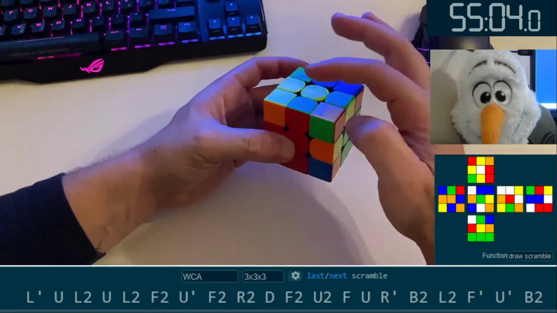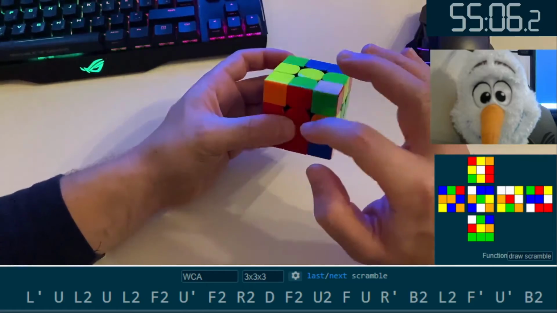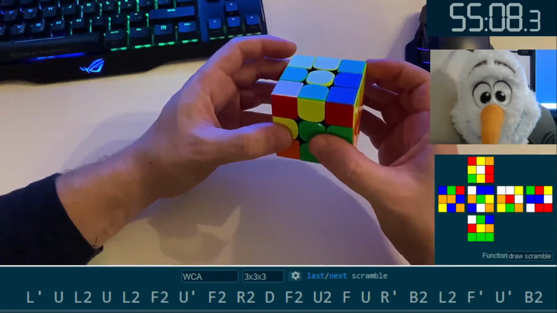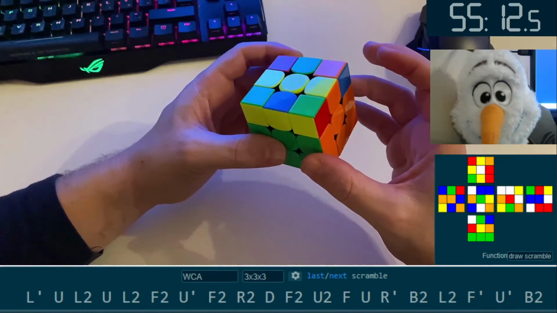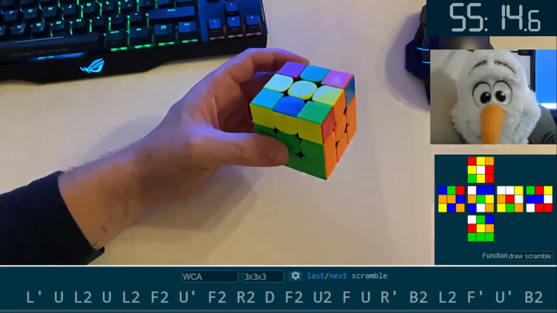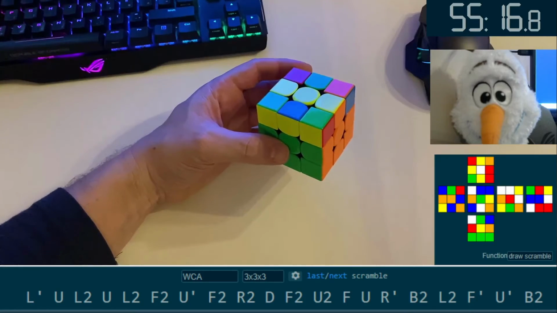And the next pair is this one, green on top, red facing, so we need a rotation and then just the standard insert.